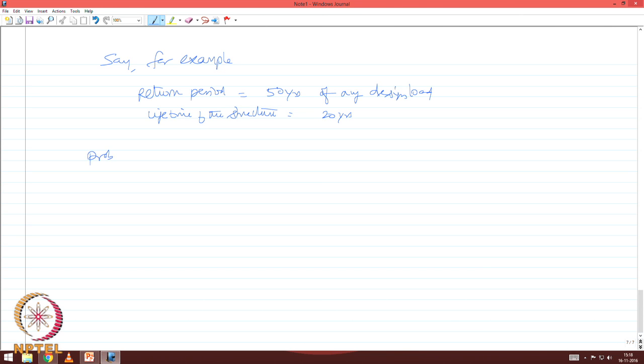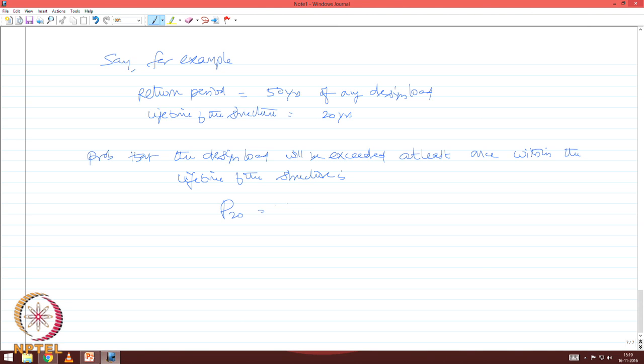Therefore, probability that the design load will be exceeded, because that is the interest of the designer, at least once within the lifetime of the structure is given by, let us say P 20, because 20 is the lifetime of the structure, 1 minus (1 minus 1 by 50) to the power 20, which will be equal to 0.33.